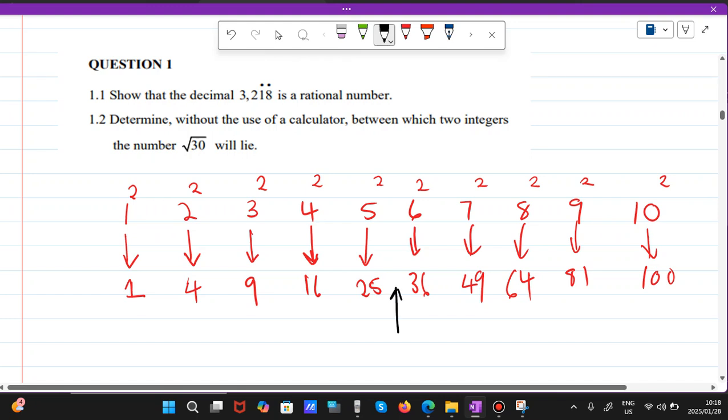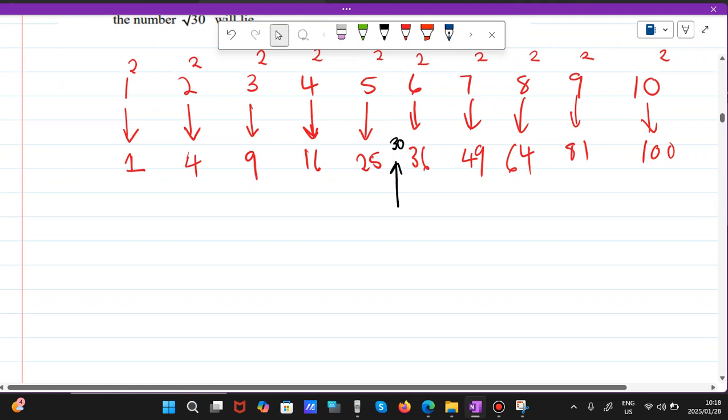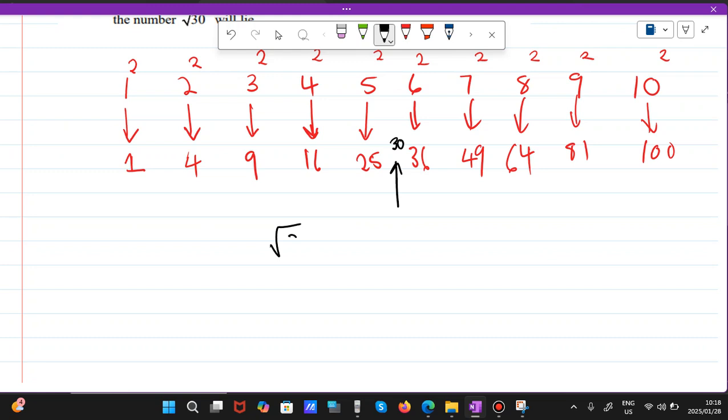Since we know that 30 will be there, now we can say square root of 30 is less than square root of 36 and greater than square root of 25.